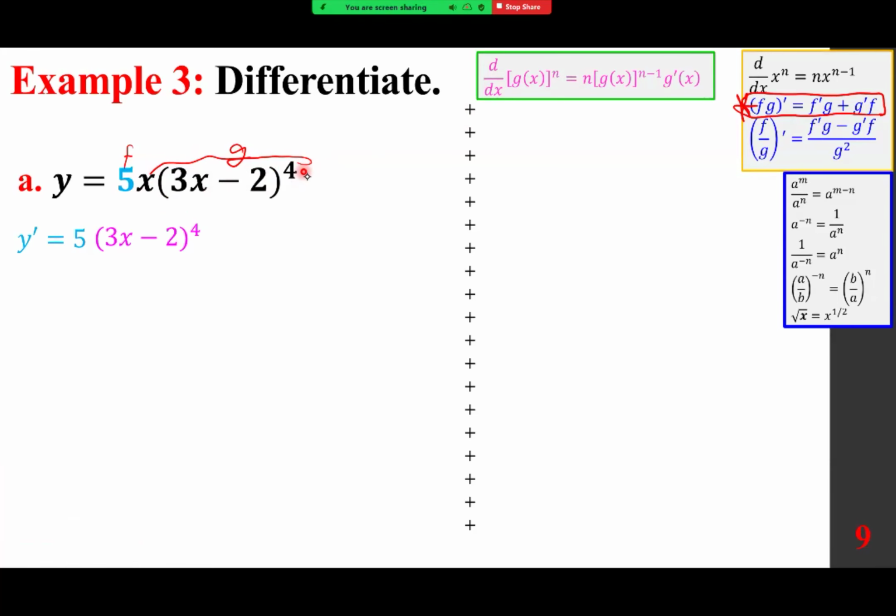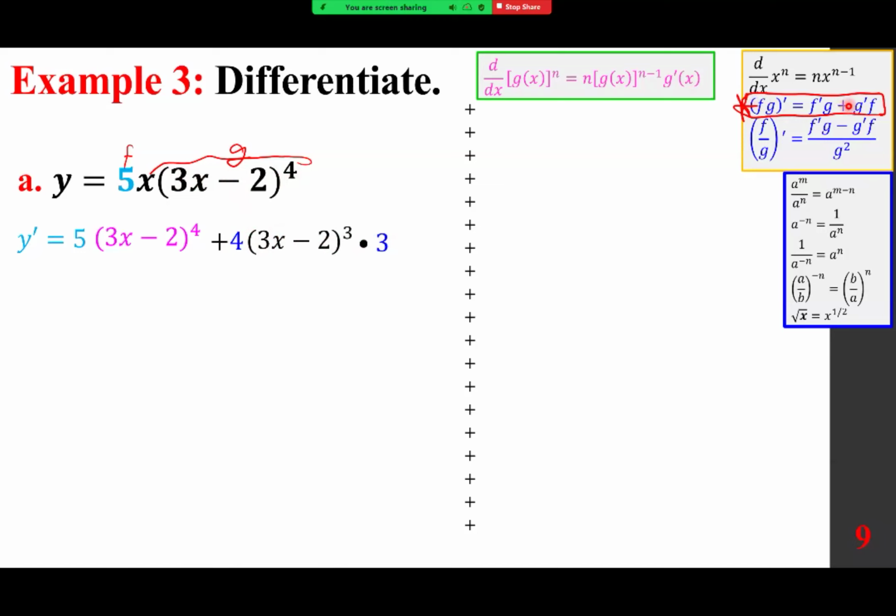First, I'm going to need 4. Then I need the same parentheses to the power of n minus 1. 4 minus 1 makes it 3. And then I need the derivative of the inside, which gives me 3. So this is completely differentiated.